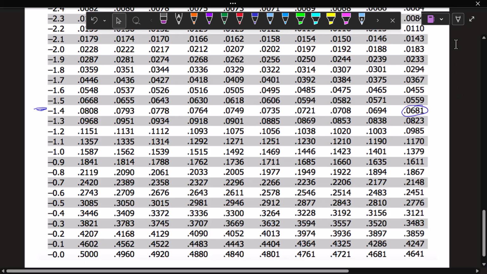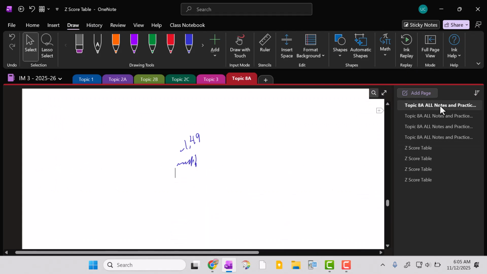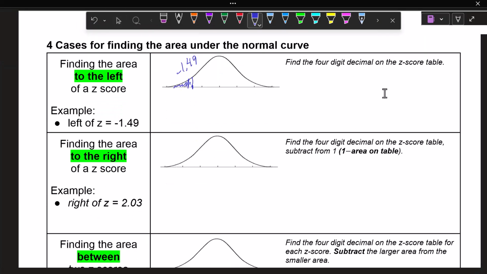So we got 0.0681. So the area to the left is 0.0681 or 6.81%. Doesn't really matter how you answer it. Just read the question and make sure you do that.